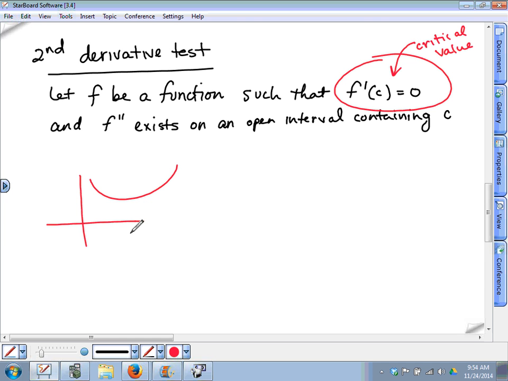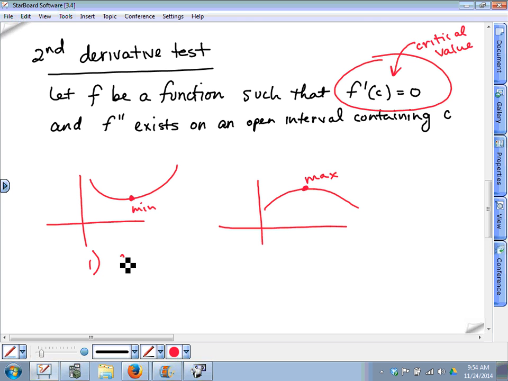What kind of extreme does it have to be if the graph is concave upward? It's got to be a minimum because the graph is concave up. You follow? If the graph over some interval happens to be concave down, and you know there's a critical number in that interval, then what kind of extreme does it have to be? It has to be a maximum. Okay? That's what the second derivative test says.